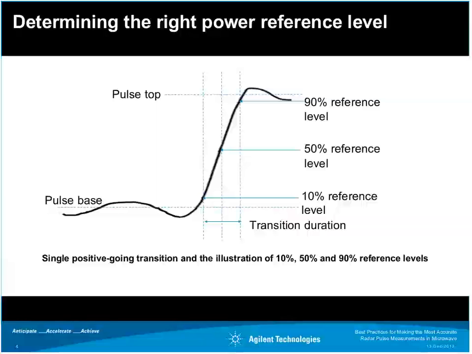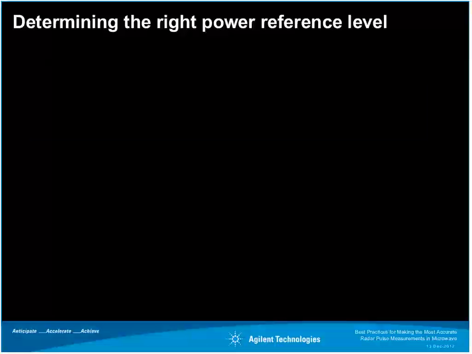The standard 10%, 50%, and 90% levels are commonly used to define rise and fall time, that is a transition duration measurement, and pulse width, or the pulse duration. For instance, rise time is defined as a time difference between 10% and 90% reference level of the same transition.